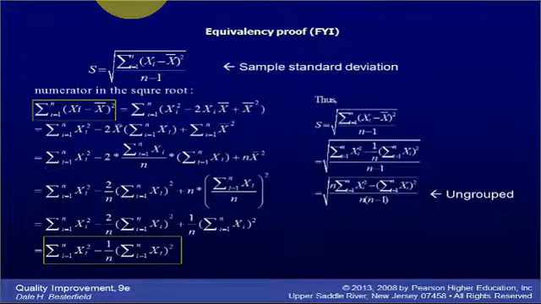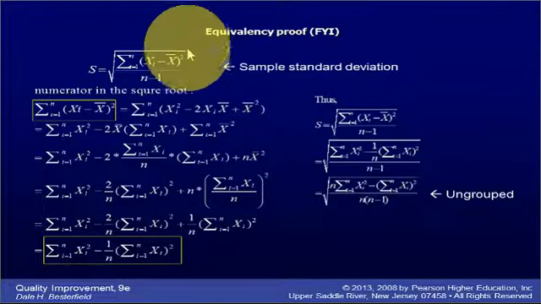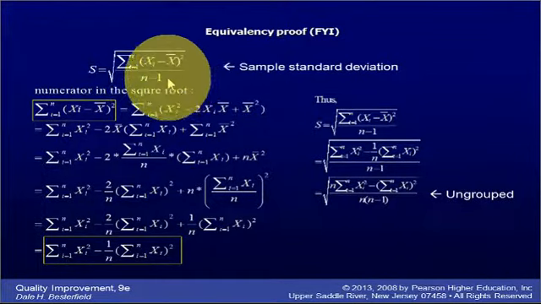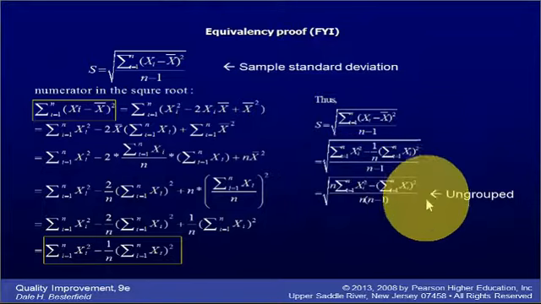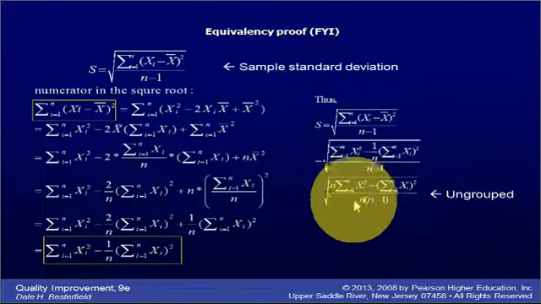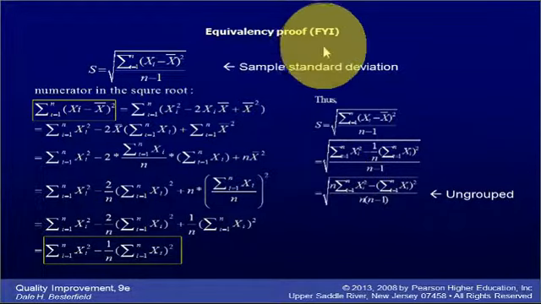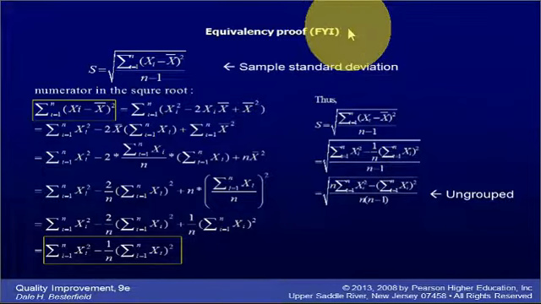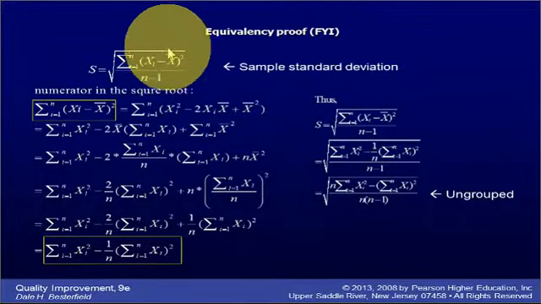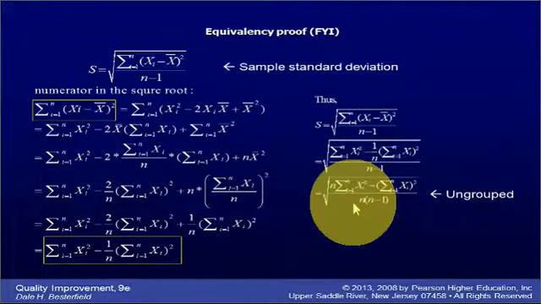So this slide shows the equivalency of the sample standard deviation and the formula for the ungrouped data. So they are essentially the same. I do not require you to make this proof. This is just for your information if you are curious why we can use both of these formulas.